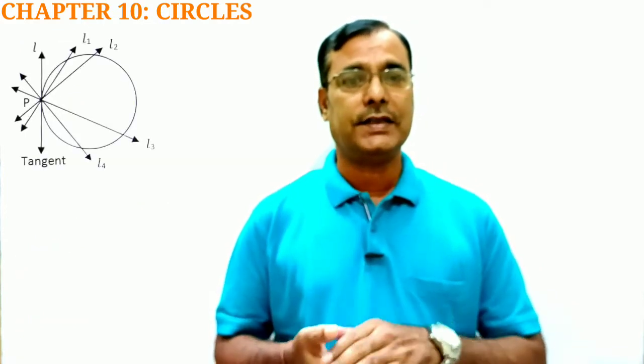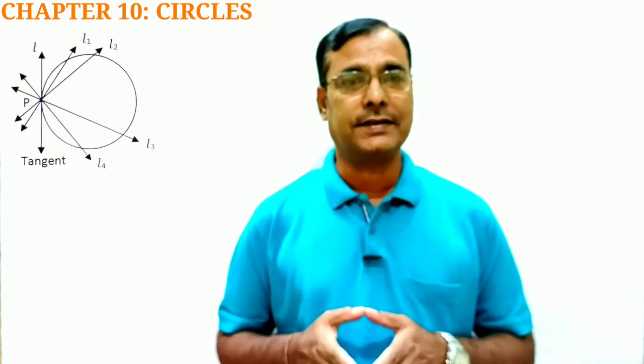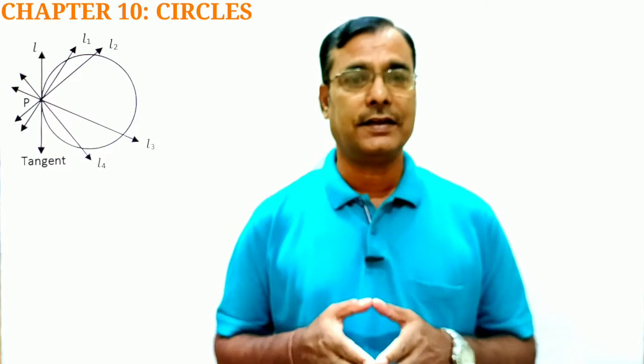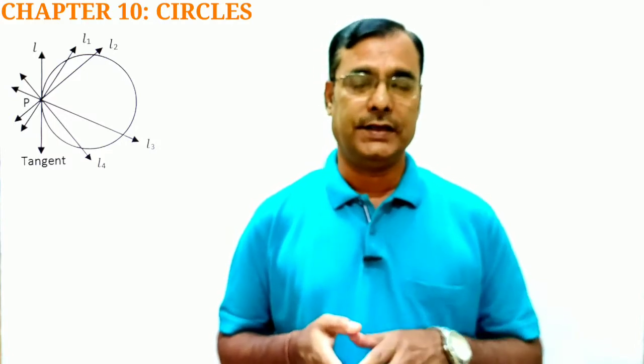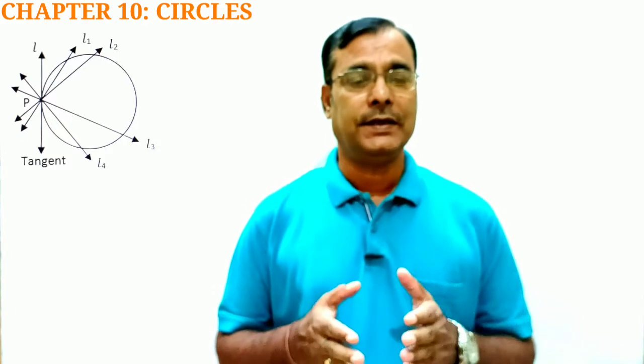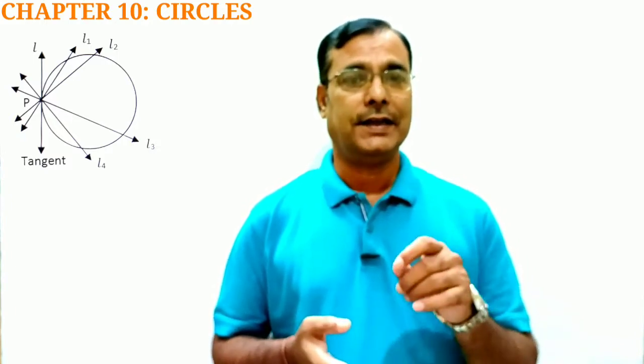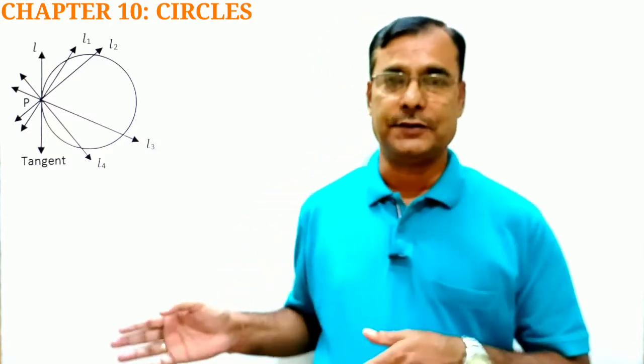Now, at a point on a circle, how many straight lines can intersect the circle at only one point? Only one straight line. See this figure.